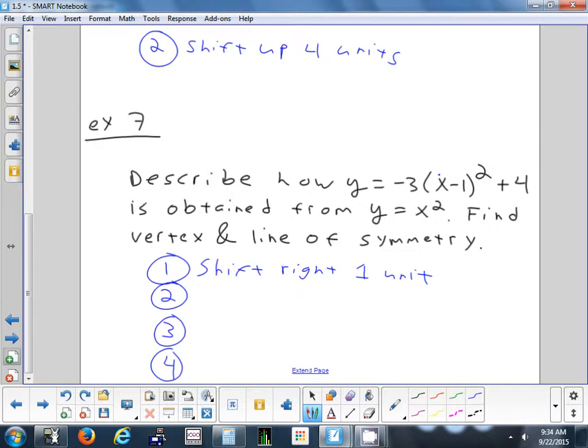All right, next thing we're going to look at is this 3. And that'd be the next thing we would deal with. Nick, what's that 3 going to do? Well, we've already done the left and the right. So left and right is done. Now, up and down will be the very last thing.